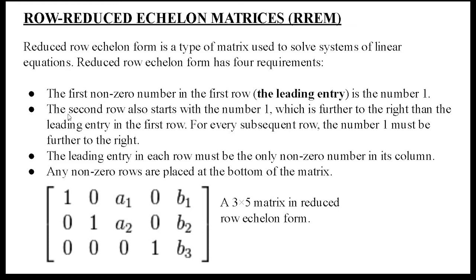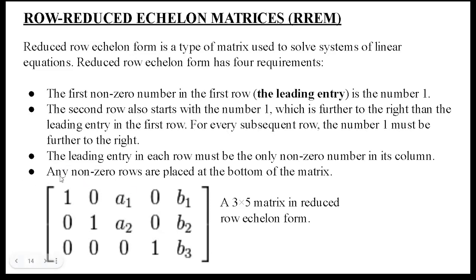And the second is, the second row also starts with the number 1, which is further to the right than the leading entry in the first row. For every subsequent row, the number 1 must be further to the right. The leading entry in each row must be the only non-zero number in its column.